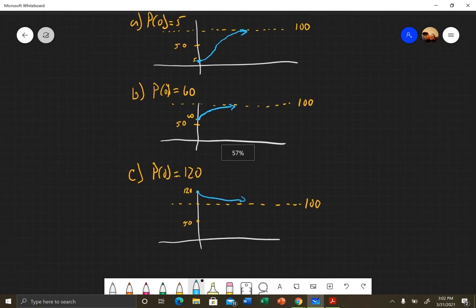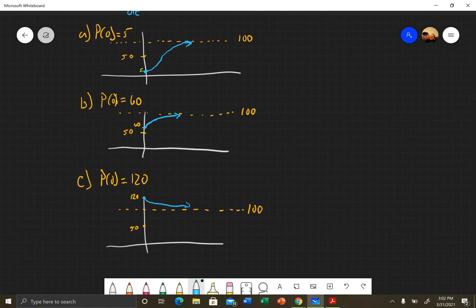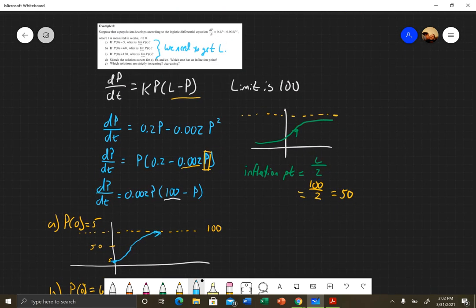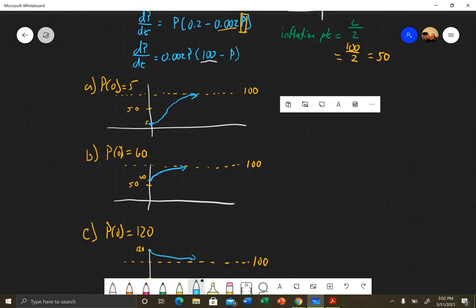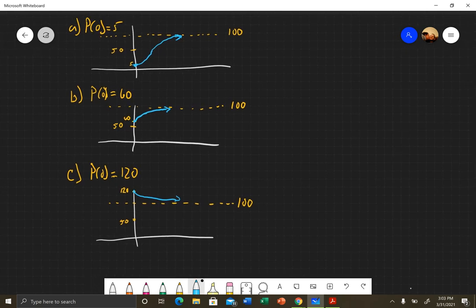Now, here's all three of those curves, right? We've got A, B, and C. Now, the second part of that question: sketch the solution curves and which one has an inflection point. So if we look at our three curves here, we've got P of 0 is 5, P of 0 is 60, and P of 0 is 120. We only see one of these where it curves up and then it curves down.